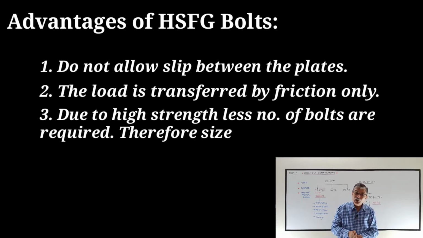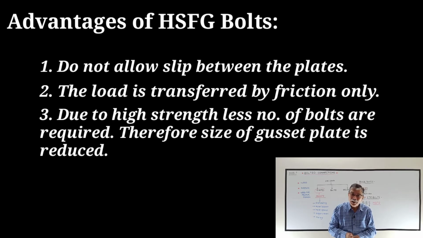Now, as these are high strength bolts, the number of bolts required is less. As the number of bolts is less, the dimensions of the gusset plate are reduced. In short, the connection becomes economical.